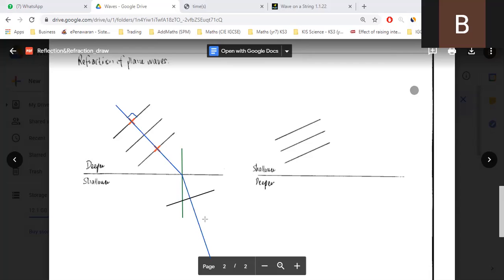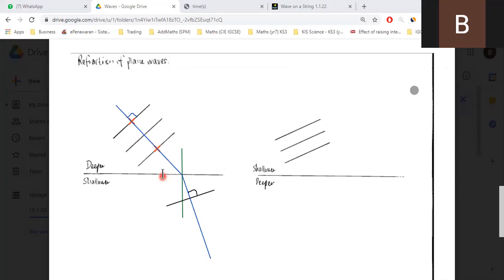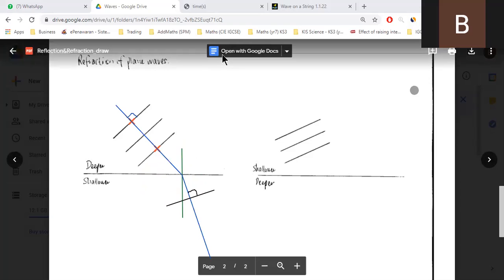Okay, so like this, and make sure this is 90 degrees. You don't need to draw it at the boundary, because the boundary is complicated. The waves may look like they break or bend there. It is very complicated to draw. You can draw it, but it's not necessary. So you can draw like this. Like this. So 90 degrees, and then draw the next two wavefronts.